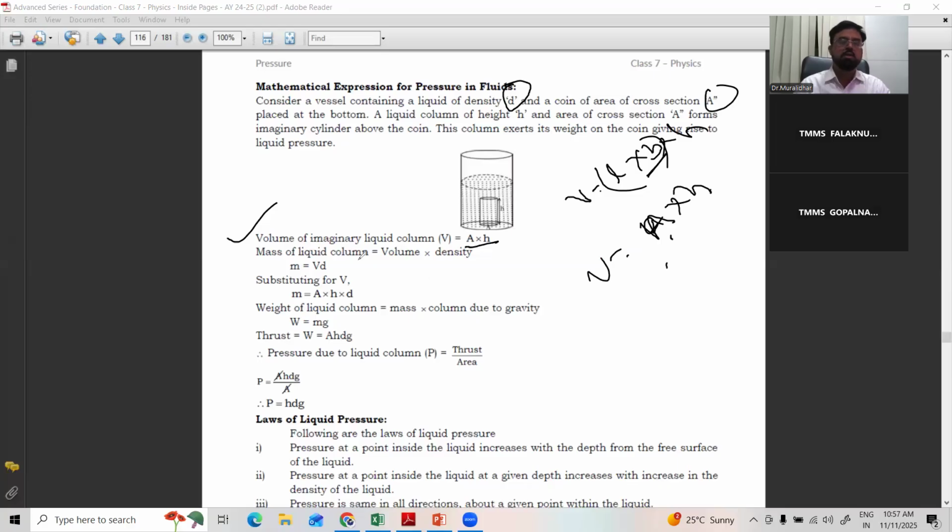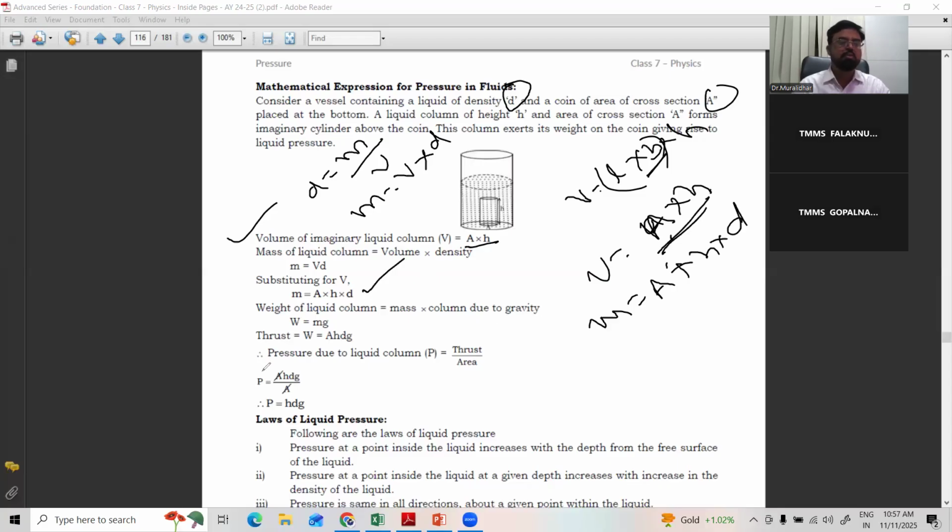Formula we got, right? Mass of the liquid column. Density is equal to mass by volume, so mass is equal to volume into density. What is volume? A into H, so mass is A into H into D. Then the weight of the liquid column is equal to mass into acceleration due to gravity.